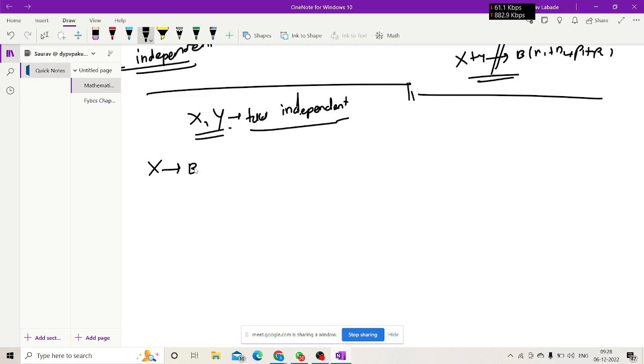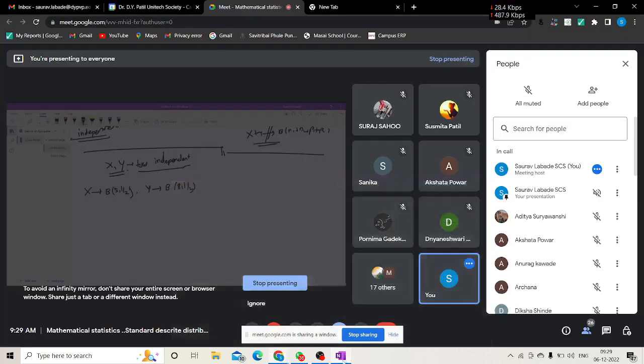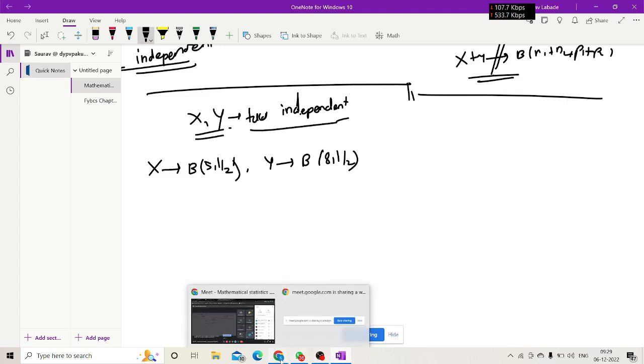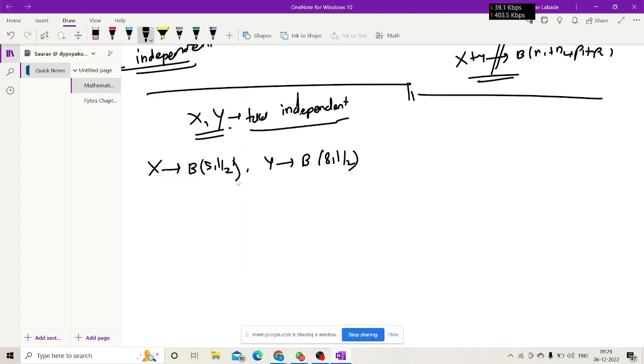X is following binomial 5, 1 by 2, and y is following binomial 8, 1 by 2.